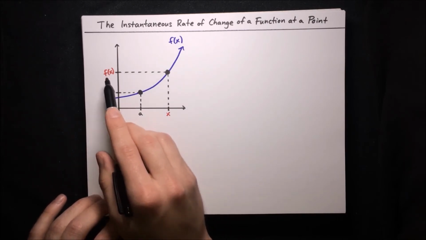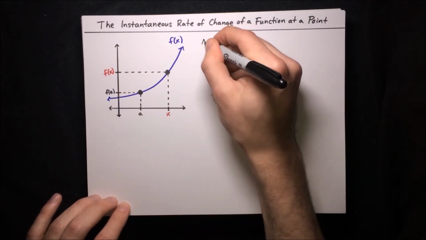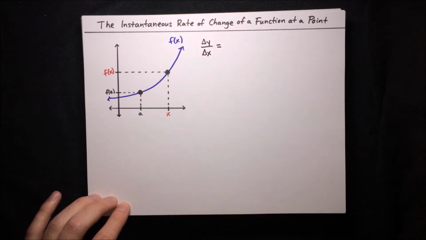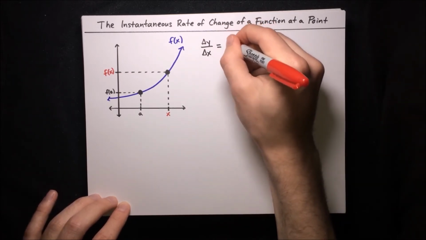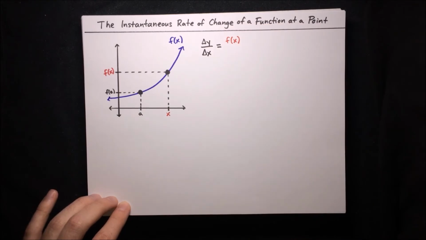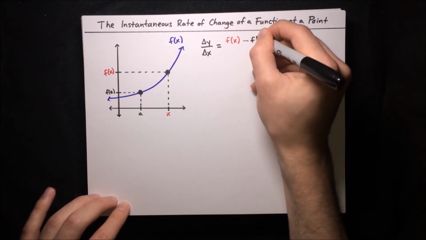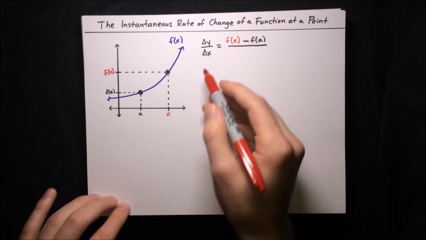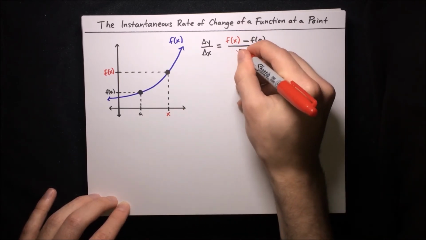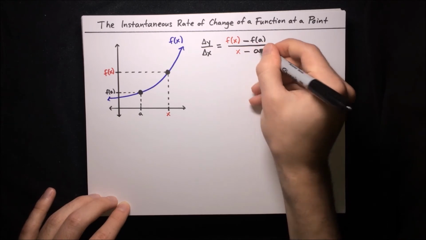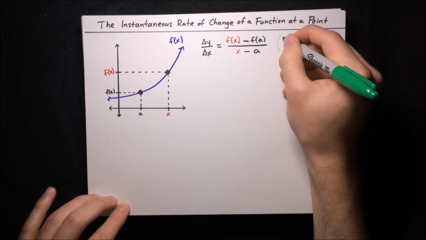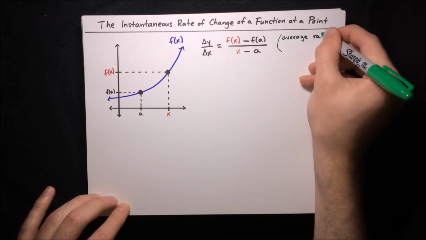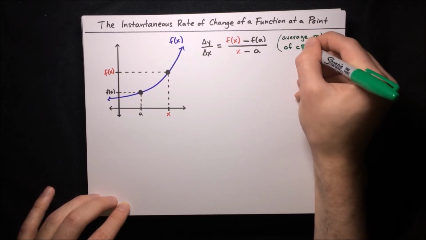So the average rate of change on this interval is again just the change in y divided by the change in x, which is equal to the difference in y, so f of x minus f of a divided by the change in x, which is just x minus a. So again, this is the average rate of change.